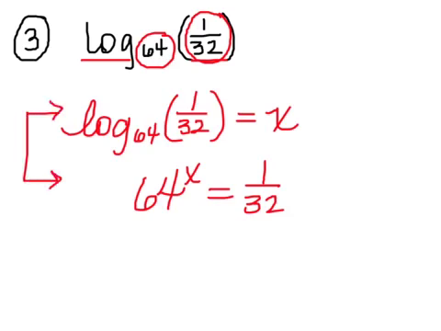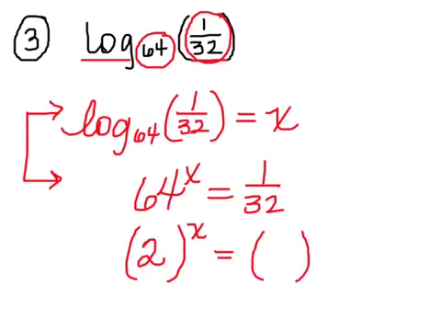Then, like we said in the last problem, you want to get a similar base. And we're going to try 2. 2 is the most common one. It doesn't have to be 2. But can you go to your calculator and figure out 2 to the something that will equal 64? And then 2 to the what would equal 1/32.